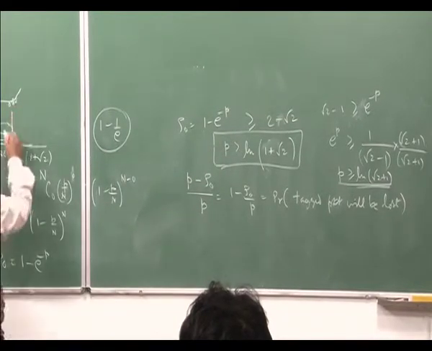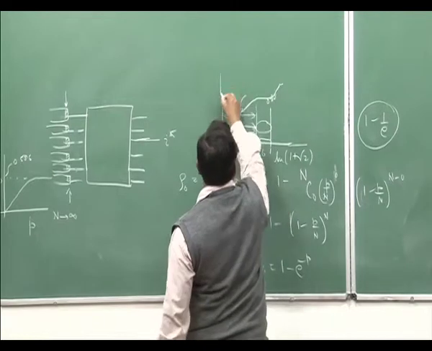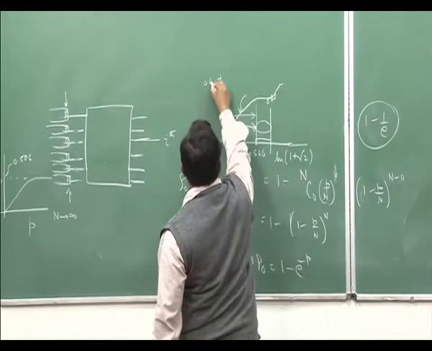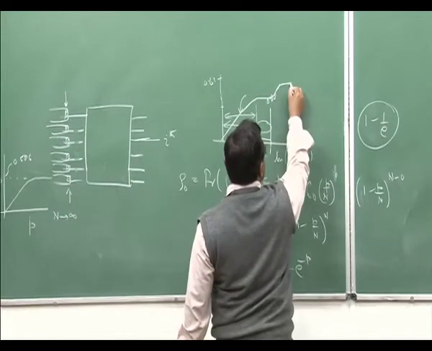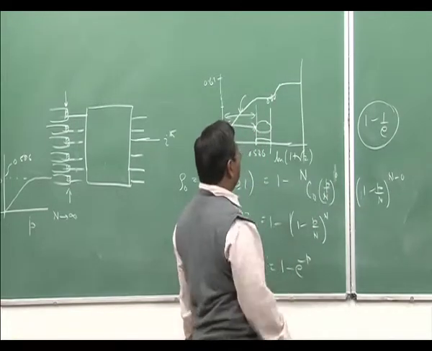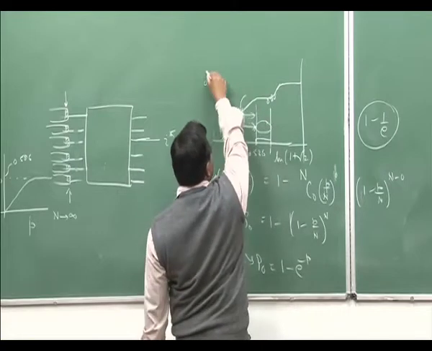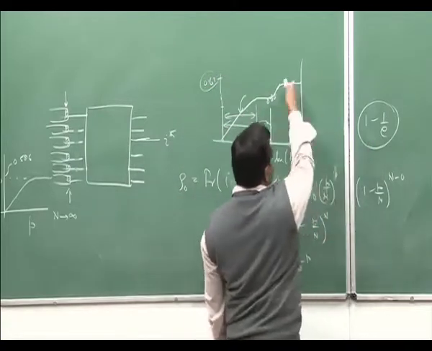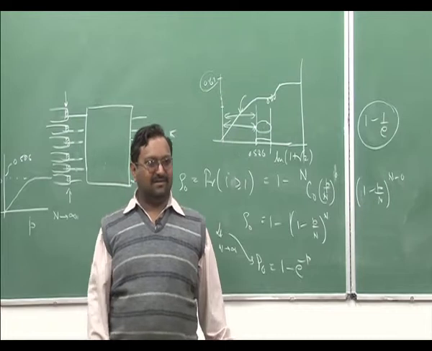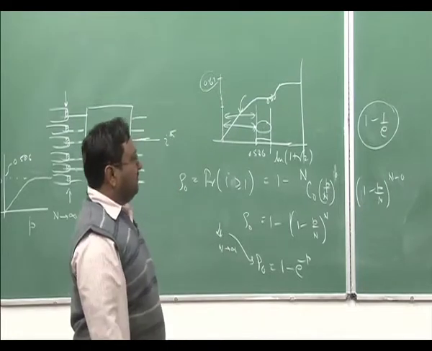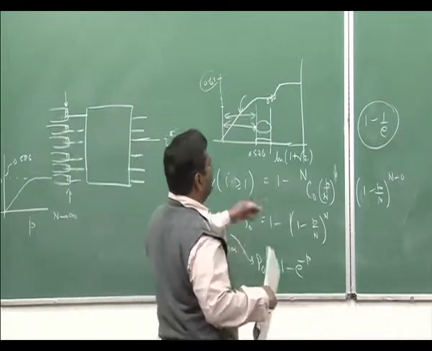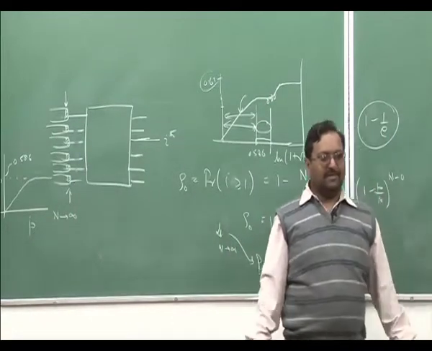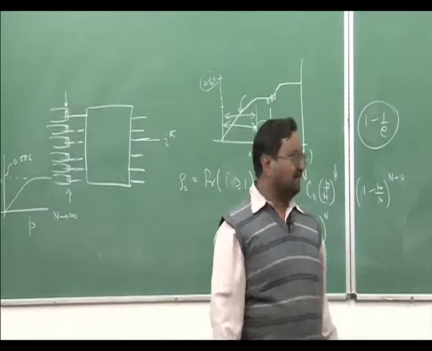So at 0.586 up to about 0.63, this is where you will saturate. You cannot get anything better than this when p is equal to 1. So that's the maximum.